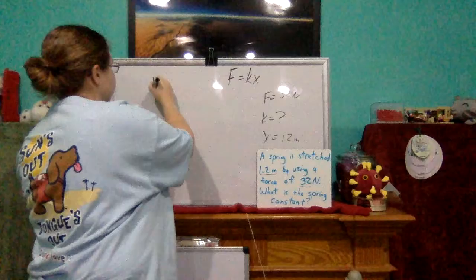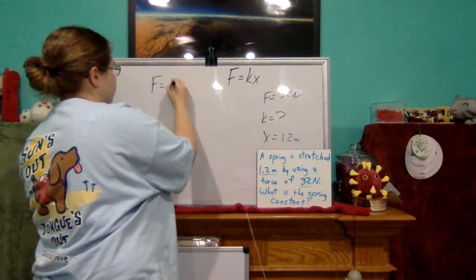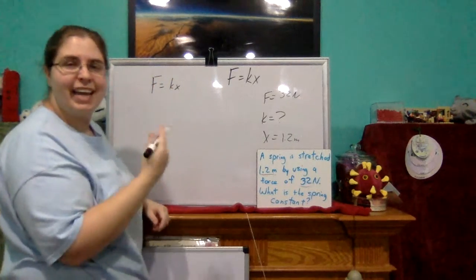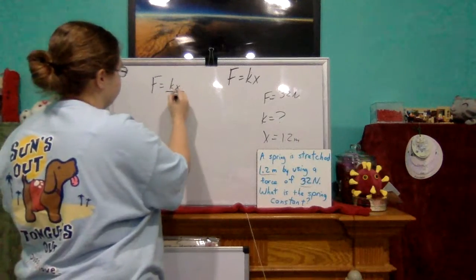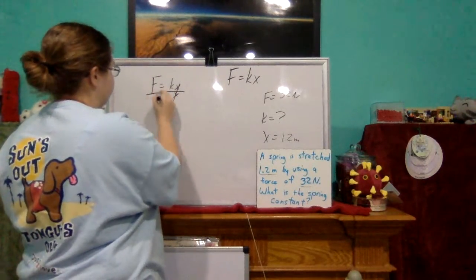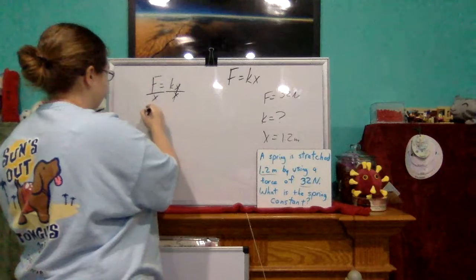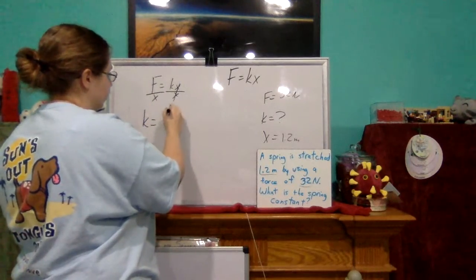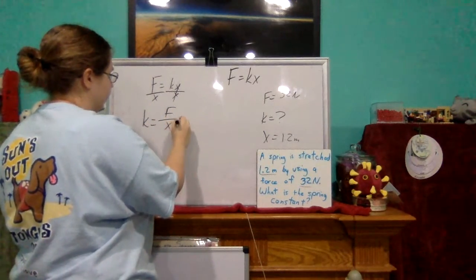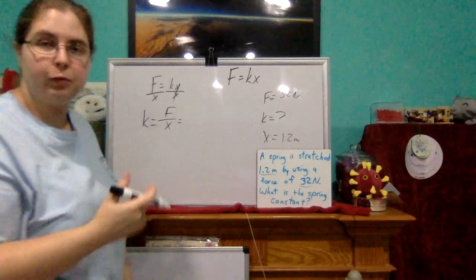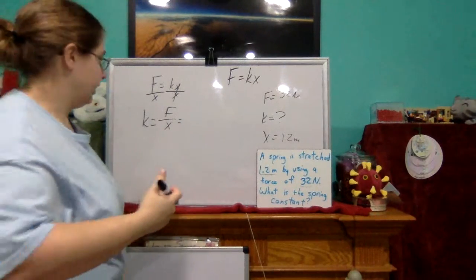That means once again we have to rearrange it. This time we want to get k by itself, so we're going to divide both sides by x. It cancels out on that side and brings it to this side. So k equals F over x. The spring constant equals force divided by the change in length.